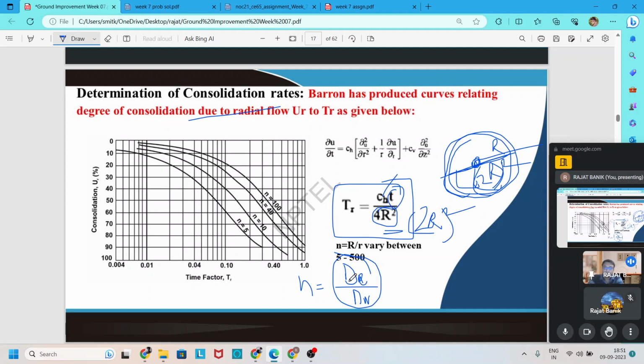By this curve we easily find the degree of consolidation for this parameter.